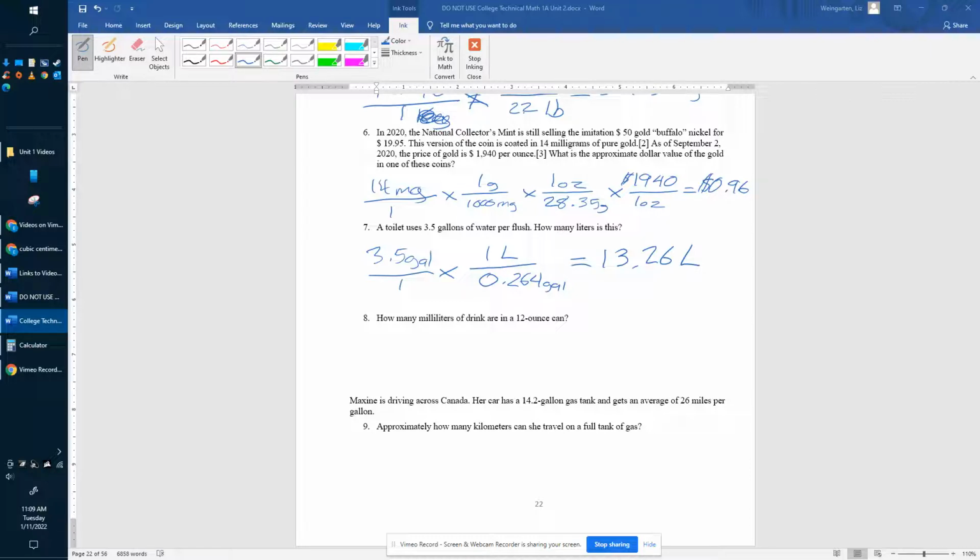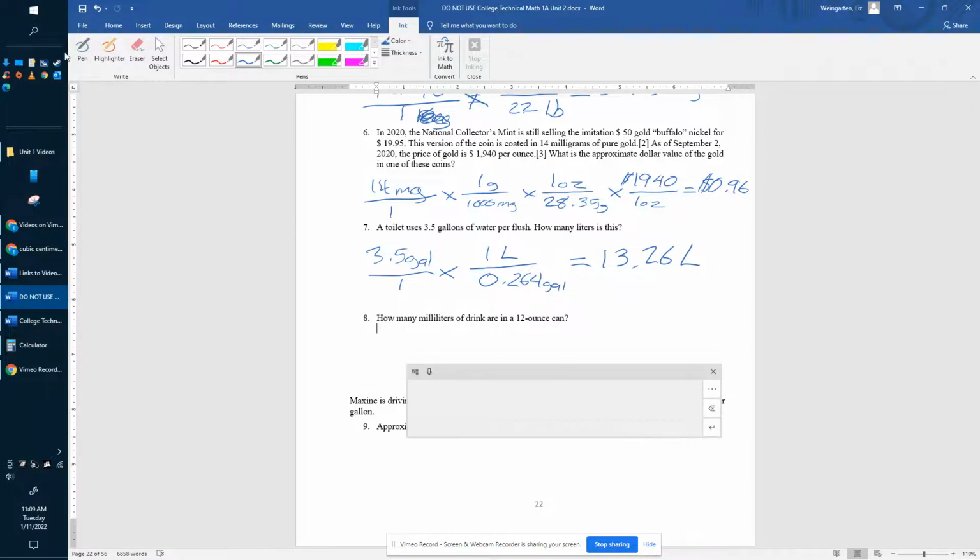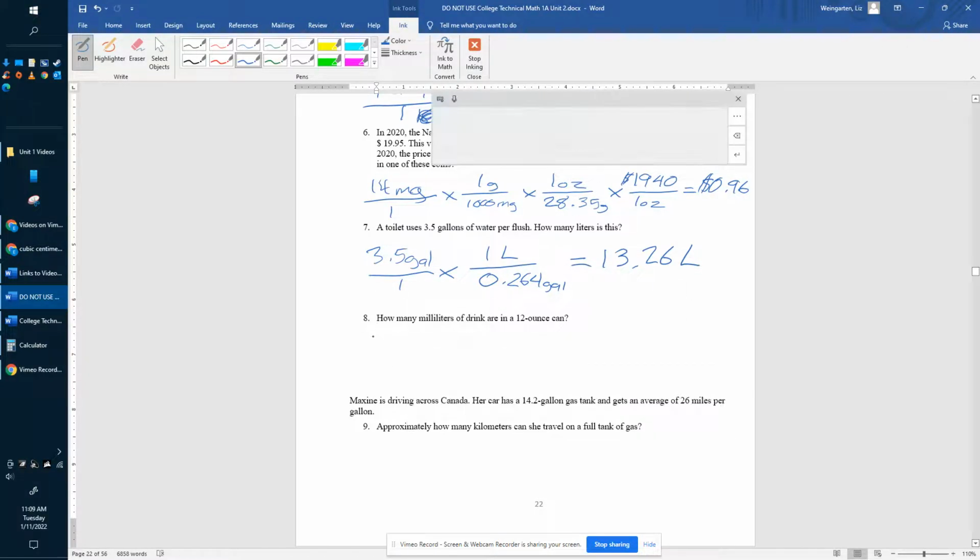How many milliliters of drink are in a 12-ounce can? So we have milliliters and fluid ounces. We can convert that. We don't have to do anything crazy. So we have 12 ounces over 1 times, need ounces on the bottom.